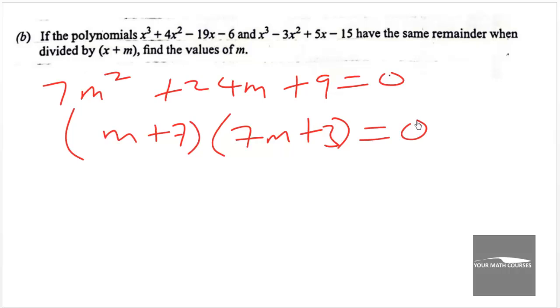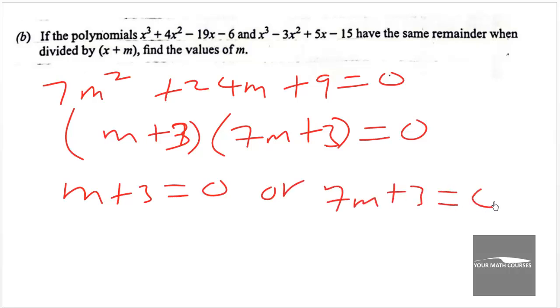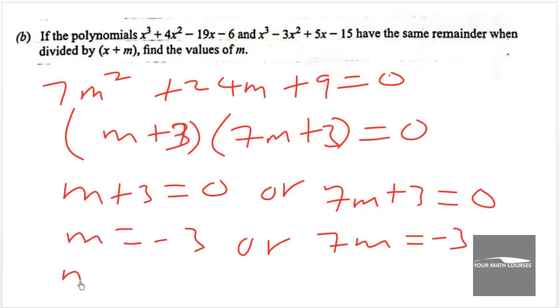So we are going to get m plus 3, not m plus 7. So m plus 3 equals 0, or 7m plus 3 equals 0. Therefore, m will be equal to negative 3, or 7m will be equal to negative 3. So m will be equal to negative 3, or m equals negative 3 over 7.